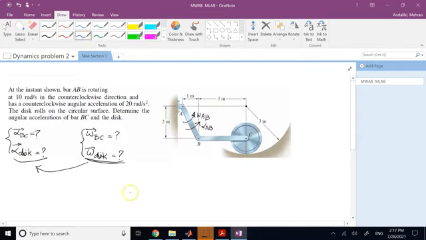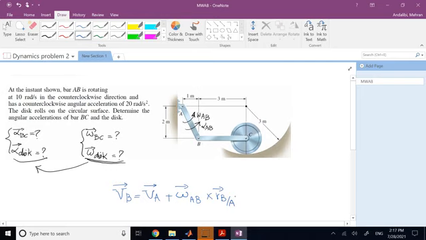So first I say V of point B is equal to V of point A plus omega of AB cross R of B with respect to A. This is the general relative velocity formula for two points on a rigid body.